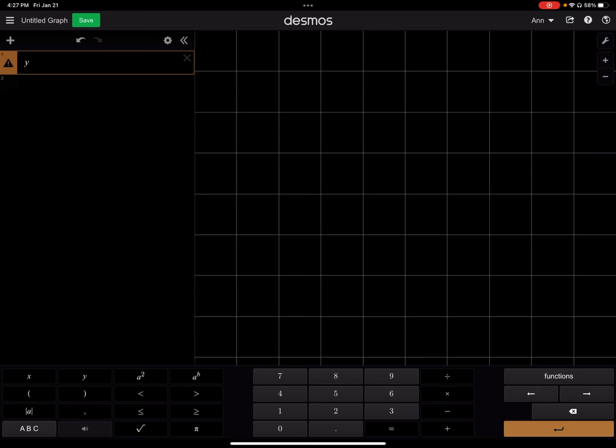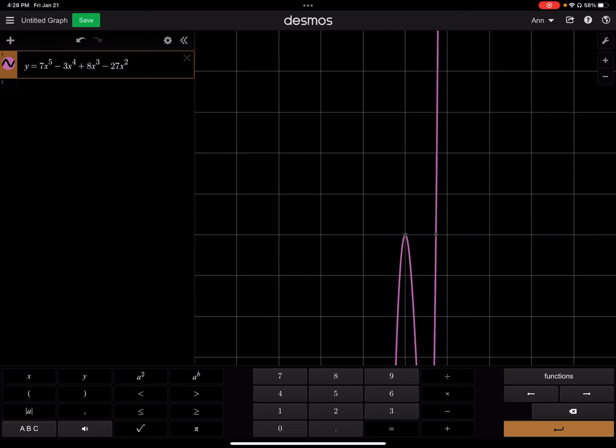So I'm going to just put a polynomial on here, and we'll make it a big one, 7x to the 5th minus 3x to the 4th plus 8x to the 3rd minus 27x squared plus 3.